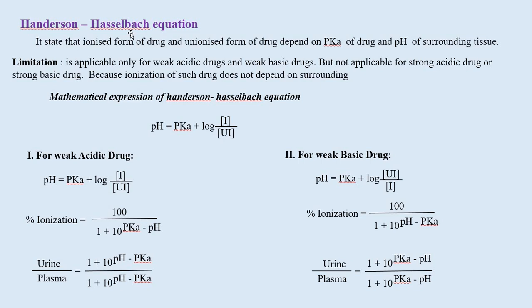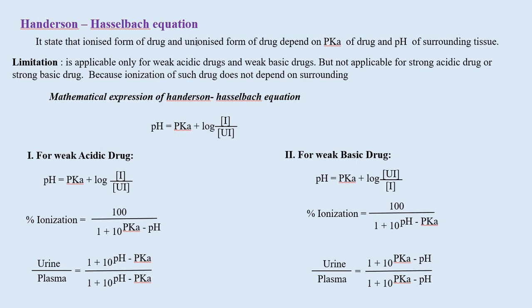That quantity depends on the pK of the drug, and the pH of the surrounding, whether it is basic or acidic, in which surrounding that drug is present. Based on that, the ionized form and unionized form of the drug is calculated.